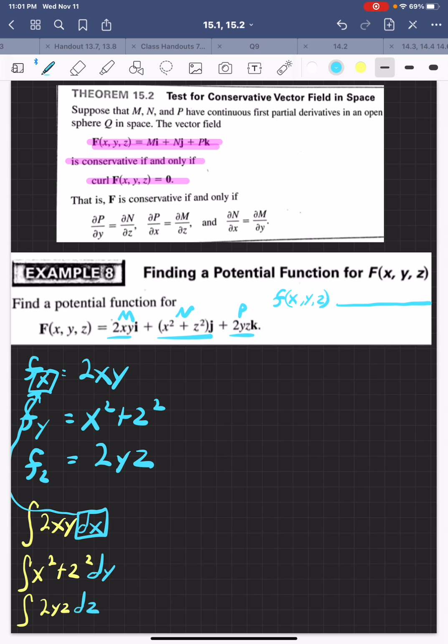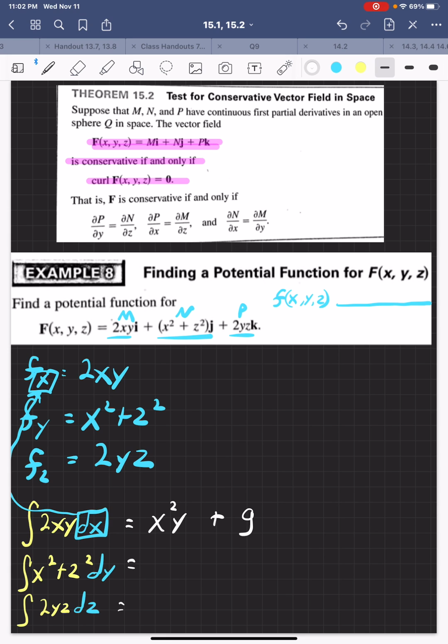Let's go ahead and perform that integration. Each of these is fairly easy. So this is going to be x squared y plus g. Now I'll come back and fill in here in just a second.